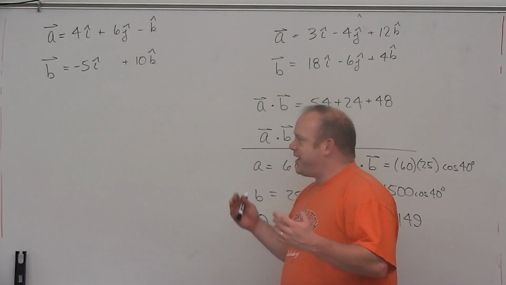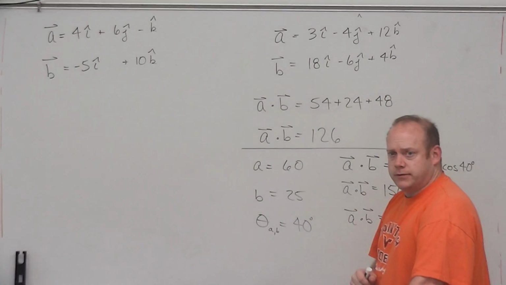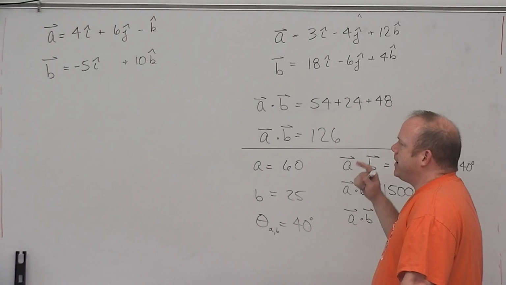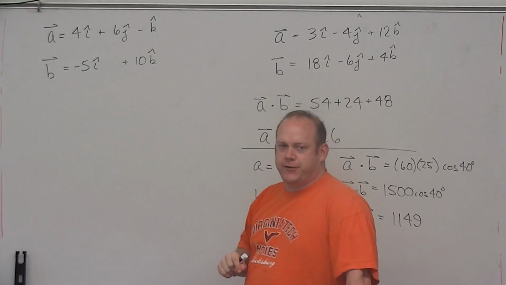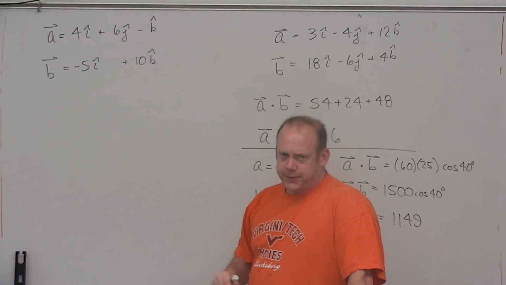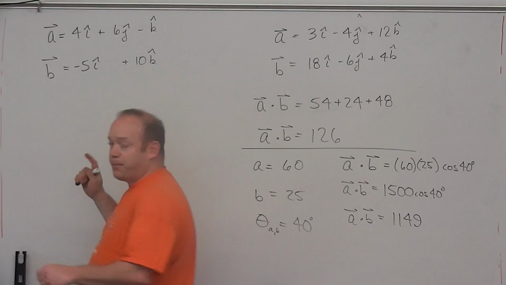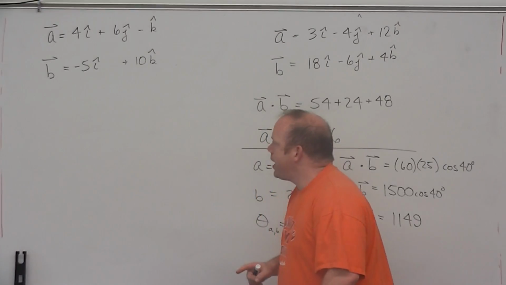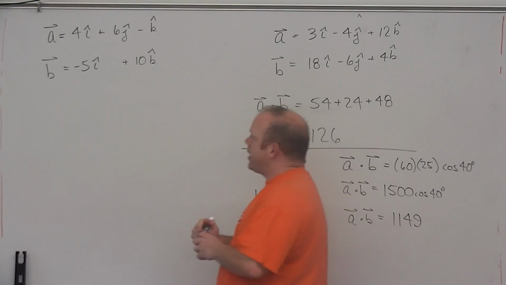So now we want to figure out the angle between these two vectors. Just looking at it, you're like, I have no idea. Take a moment and try to think of a way that you can figure out the angle between these two vectors. Pause for a while and try to work this out. Okay, so now, here I go.